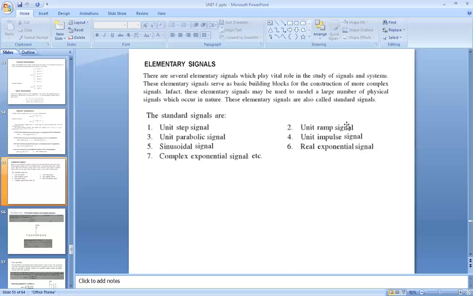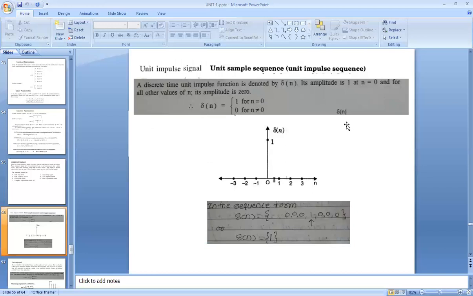Now we will go through each and every signal one by one. The first signal is the unit impulse signal. You can call it a unit sample sequence or unit impulse sequence. The discrete time unit impulse function is denoted by del of n.